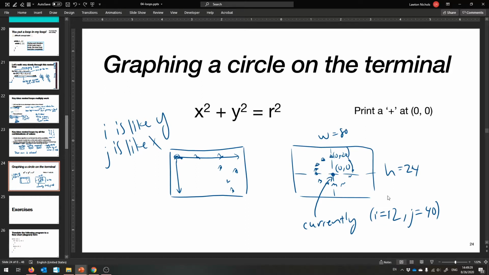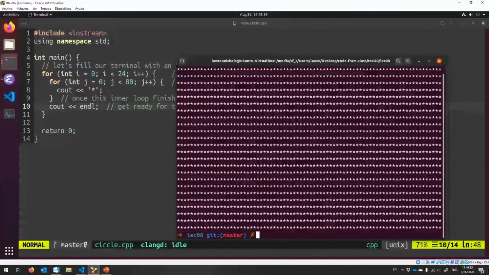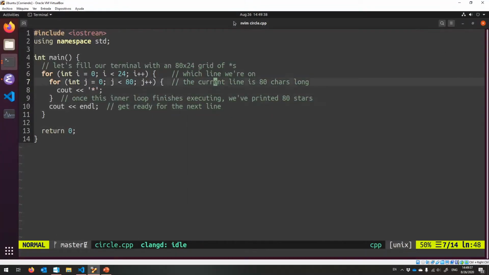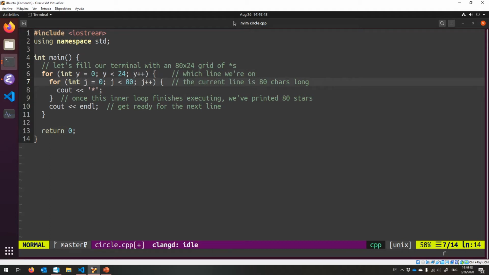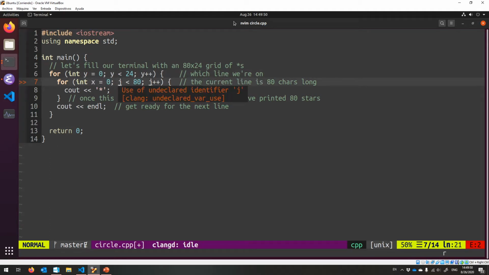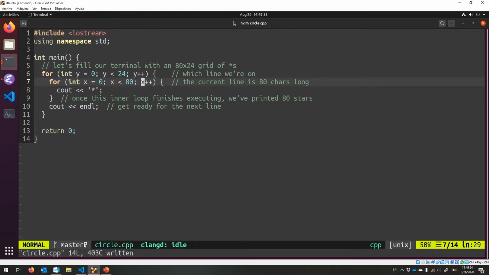It's keeping track of how far along this horizontal line we are. Okay? So I is like y, j is like x, so let's change them. I hope this process is making sense. We're going through it really slowly. Alright, so now I have things that are y and x coordinates.